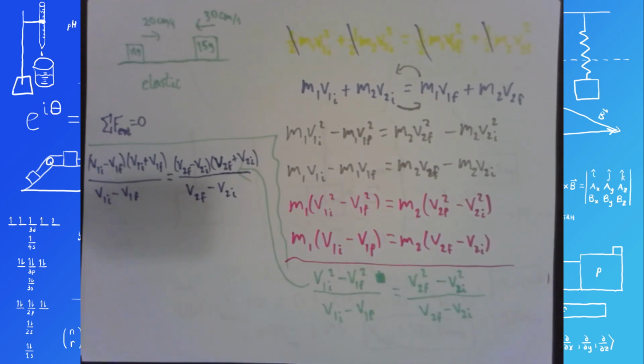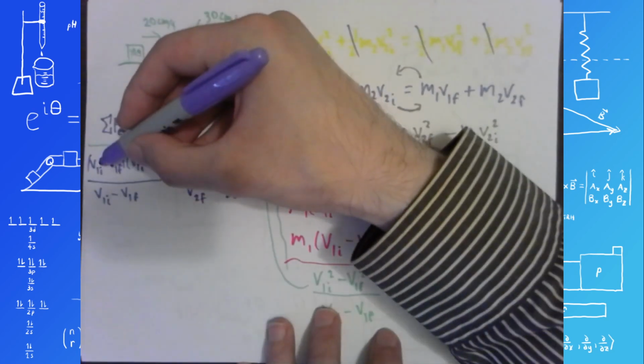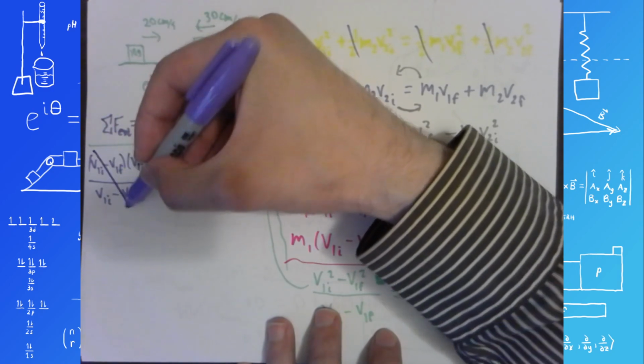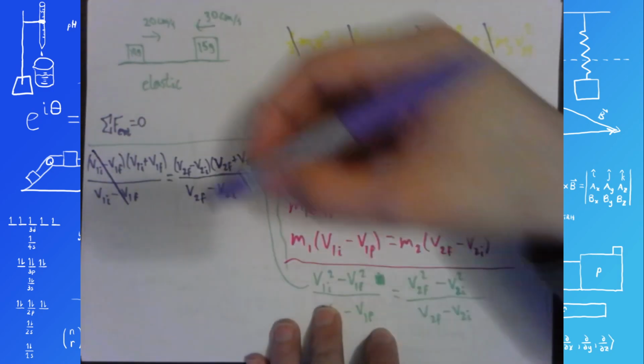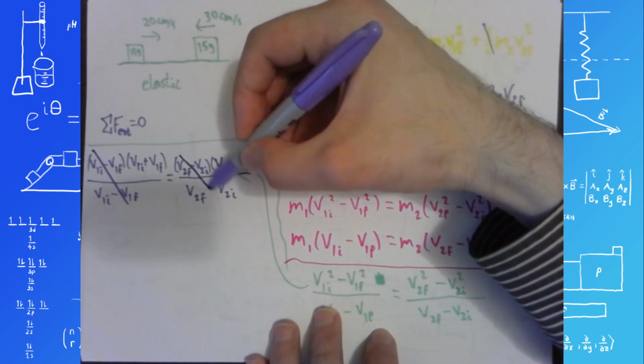We can cancel the minuses. We can cancel v1 initial minus v1 final with that denominator, and we can do the same thing over here.